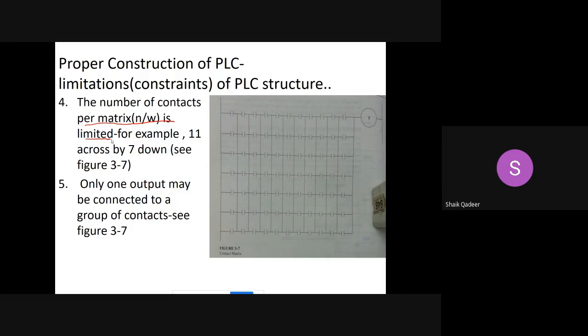Are you getting a question in your mind? What is matrix here? Yes, sir. You are getting a question in your mind that what is matrix here? This is nothing but matrix.